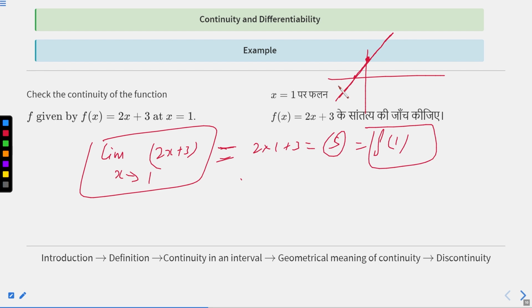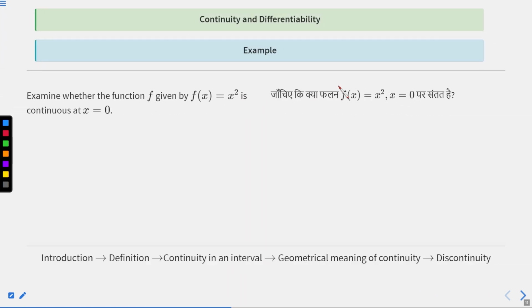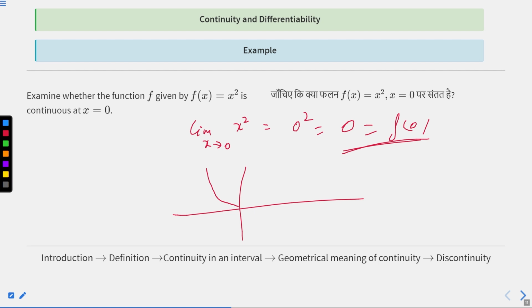Now again we have to examine the continuity at x equals 0. So the limit as x tends to 0 of f(x): f(x) is just x square, this means 0 square, which is 0, and that is f(0). So your function is continuous, and its graph, if you try to see, is like this.